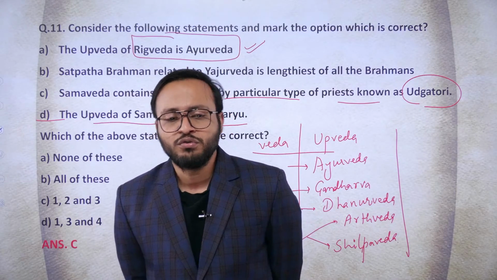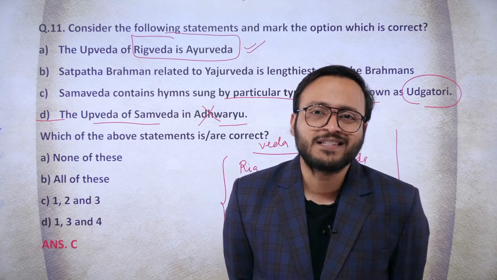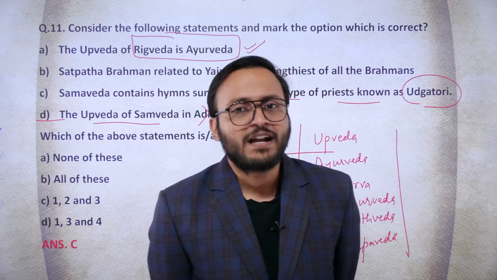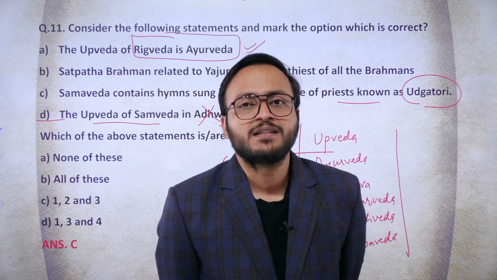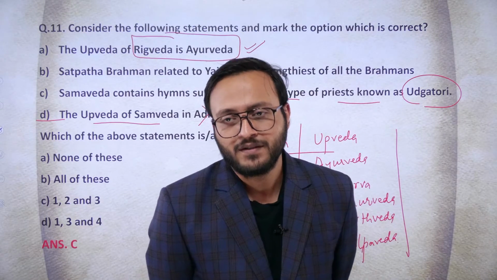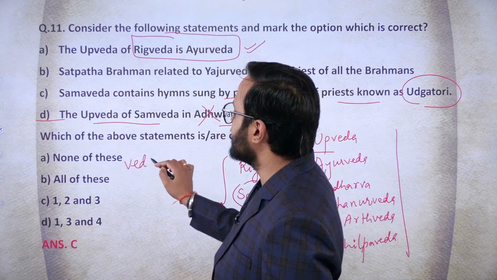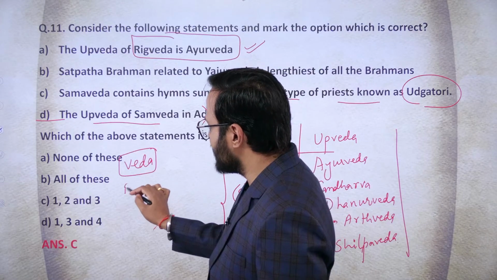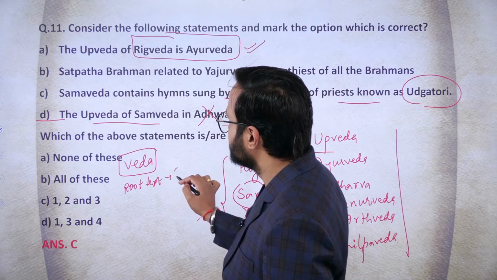Okay, those who do not know the Brahmans, what are the Brahmans? Brahmanas are basically the descriptive discourses written to describe the meaning of the hymns which are present in the Samhitas of the Vedas. Okay, let me tell you that the Veda consists of several parts. The root text is called as Samhita.